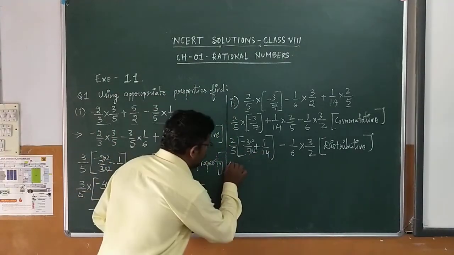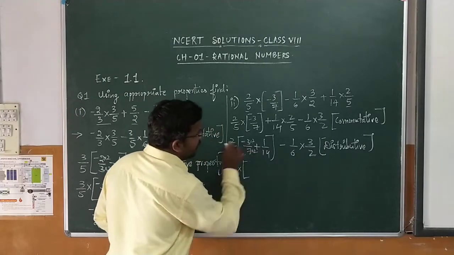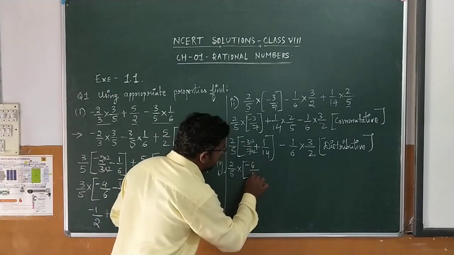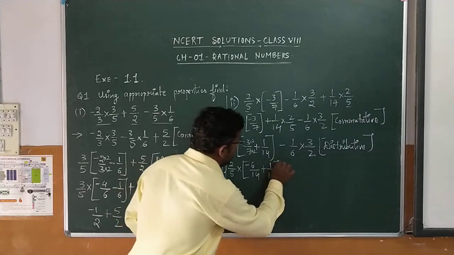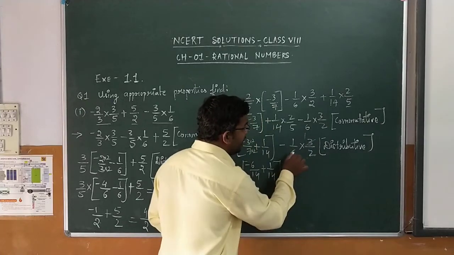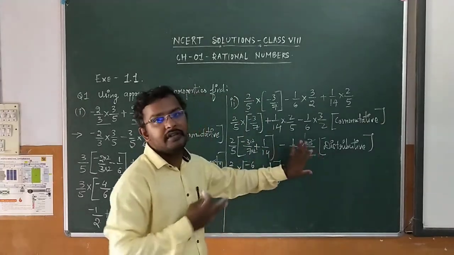Okay, so 2 by 5 into, when you multiply minus 3 by 2, you will get minus 6 by 14 plus 1 by 14, minus, and here we can cancel it out. We don't have anything common, so simplify there as well.